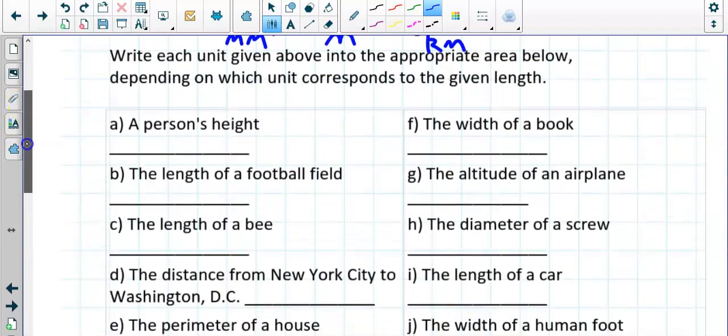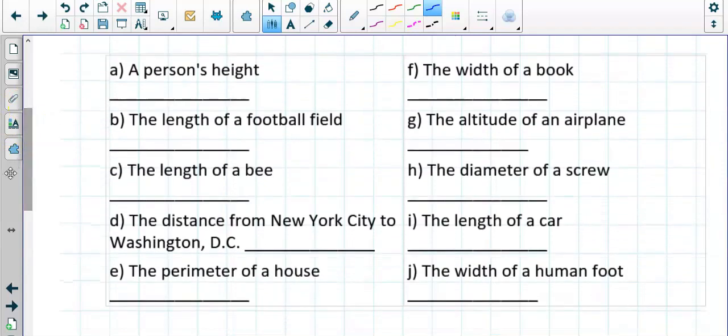So down here, is it a millimeter, meter, or kilometer? So a person's height, measure that in meters. The length of a football field, definitely going to be in meters, because think of it again as yards, okay? The length of a bee, oh, weird, millimeters. Hey, the distance from New York City to Washington, D.C., that's like in miles, so think kilometers.